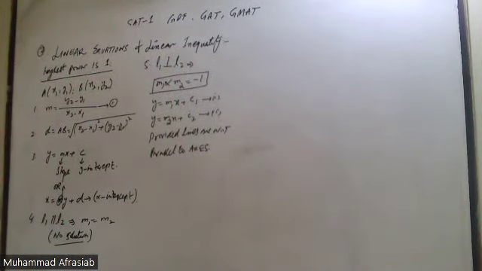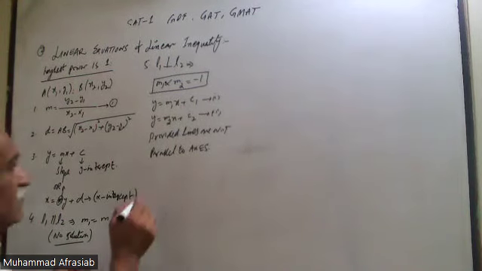So for slanting lines, if the 2 lines are perpendicular to each other, then m1 into m2 is equal to -1.